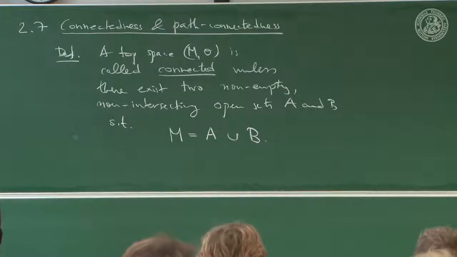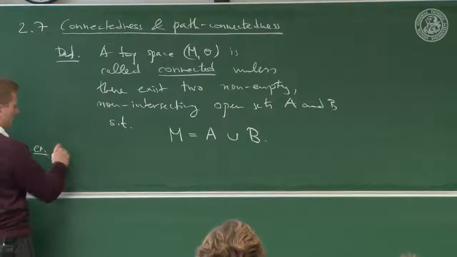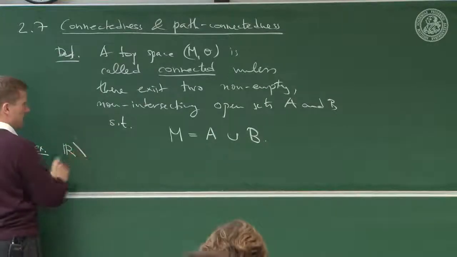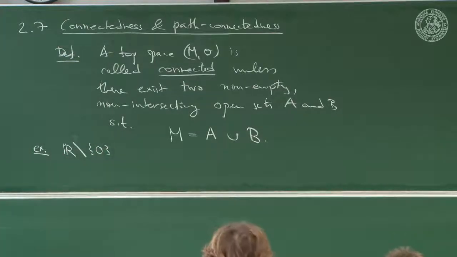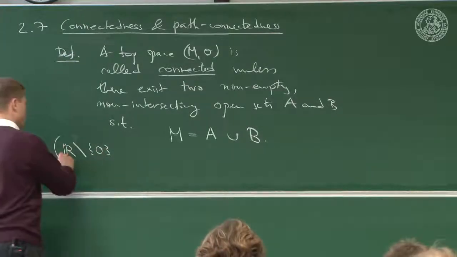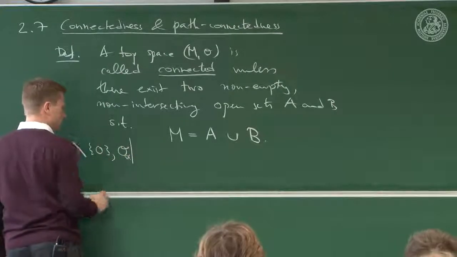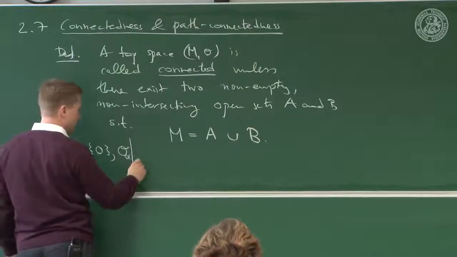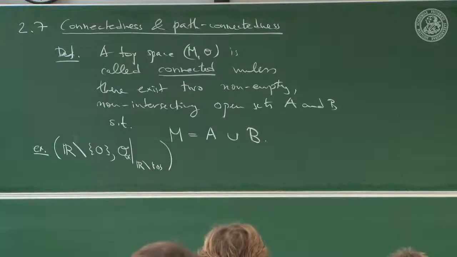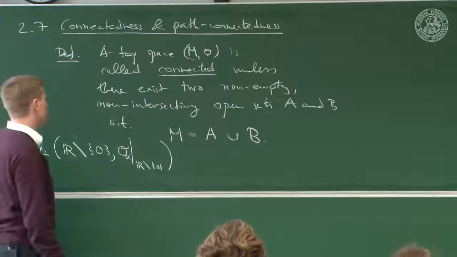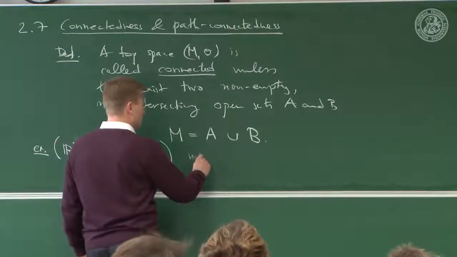That is connected. So example, if you take the real line and you take out the point 0, and you equip this with the topology that's induced by the standard topology on that subset. You look at this set, and this set is not connected.